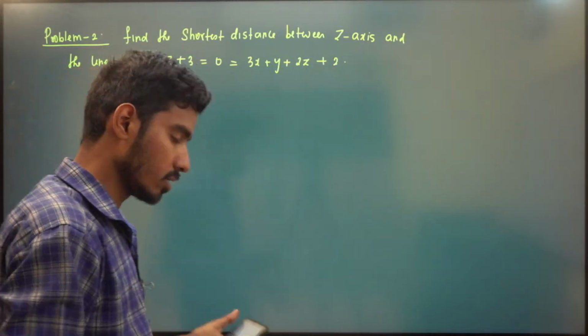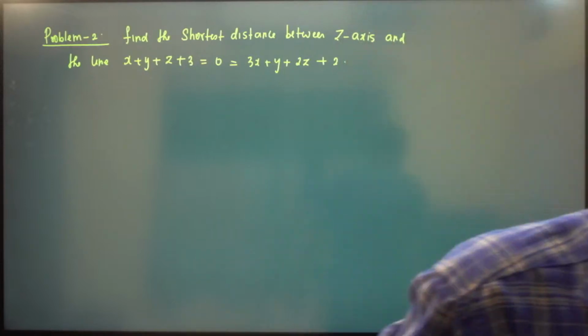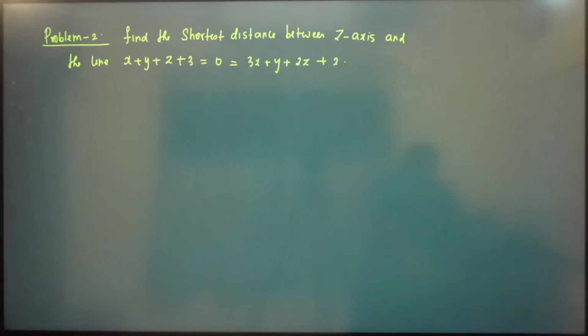Very simple. You know the equation of the z axis, and you convert this general form to symmetrical form and apply the formula.